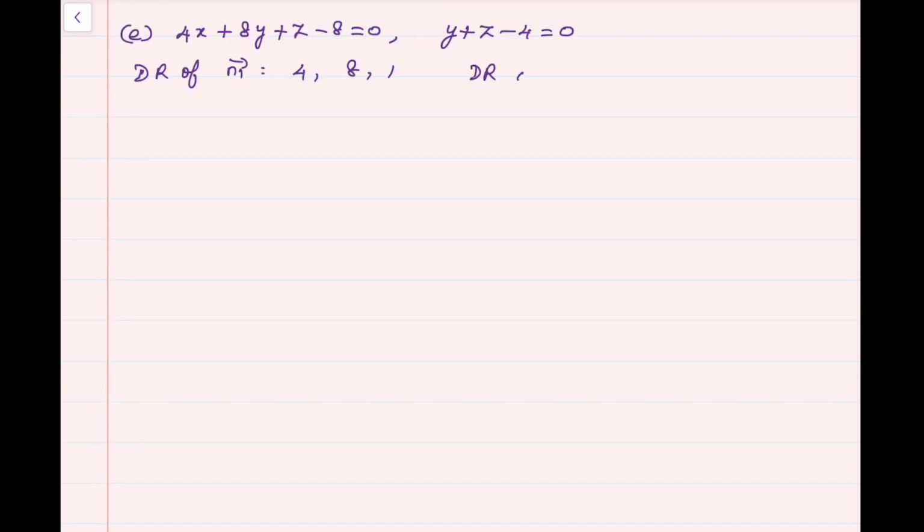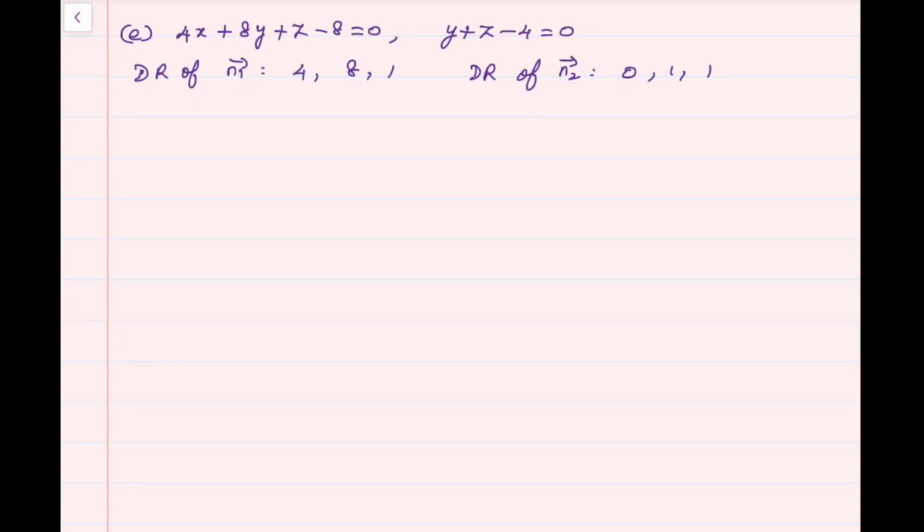By subdivision, the equations are 4x plus 8y plus z minus 8 is equal to 0 and y plus z minus 4 is equal to 0. Let us write the DRs of n1: 4, 8 and 1. From the second plane equation, the DRs of n2: there is no x term, so 0, 1 and 1.